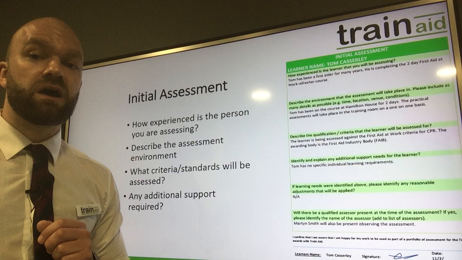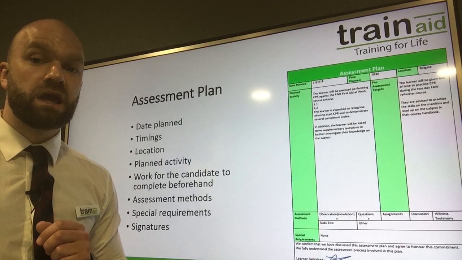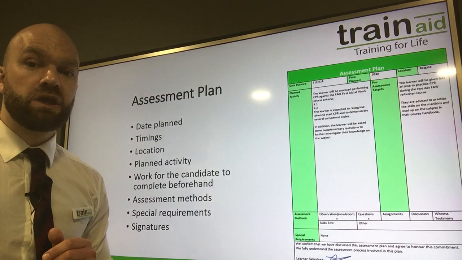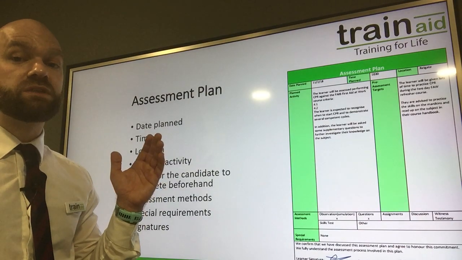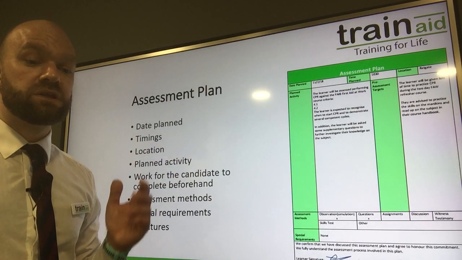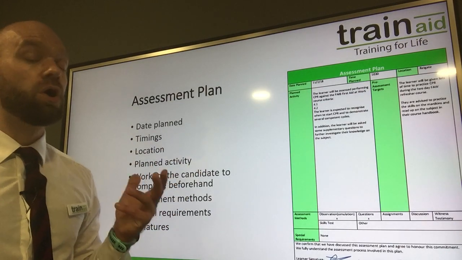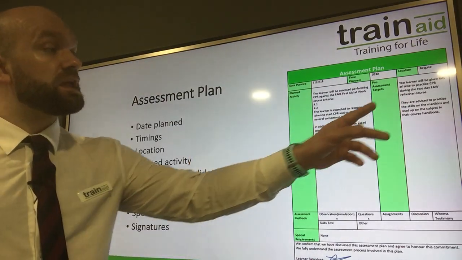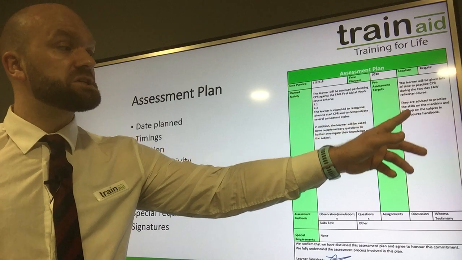After that, we are going to be looking at the assessment plan. Now this has a range of different details, such as the date of the planned assessment, the timings, the location where the assessment is taking place, and if there are any pre-assessment targets.